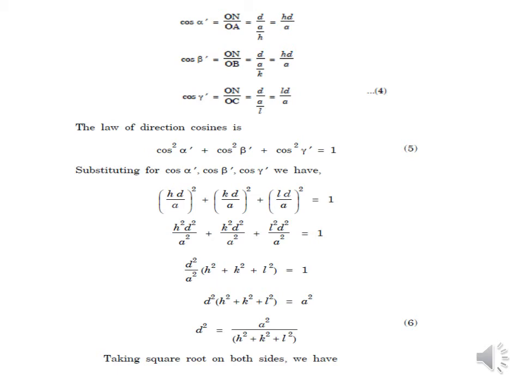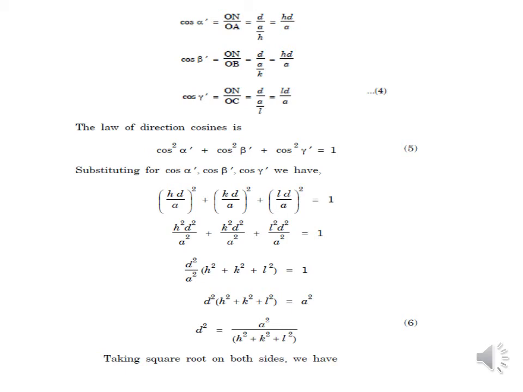Angle ONB: cos beta dash equals ON by OB, with ON equal to d and OB equal to a by k. Simplify: kd by a. Cos gamma dash equals ON by OC, that is d divided by the OC side length a by l, which equals ld by a. Consider this equation number 4.